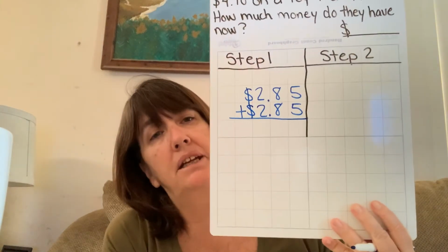Very good. We're going to add what each of them had. So each of them had $2.85. Okay, each of them had $2.85.